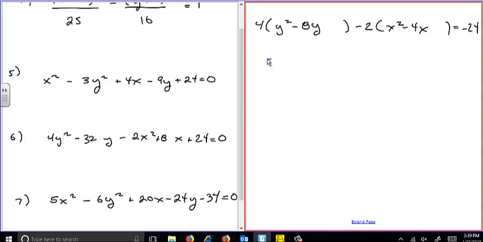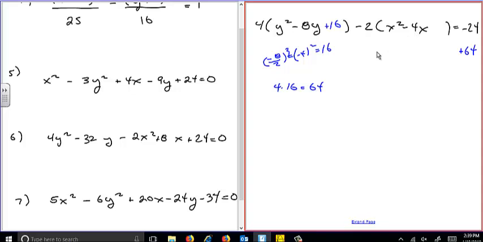Okay, so let's take negative 8 divided by 2. I'm going to square that. That's negative 4 squared, which is 16. So we add 16. Well, really, we're adding 16 times 4, which is 64. So I'm adding 64 here, so I need to add 64 here.